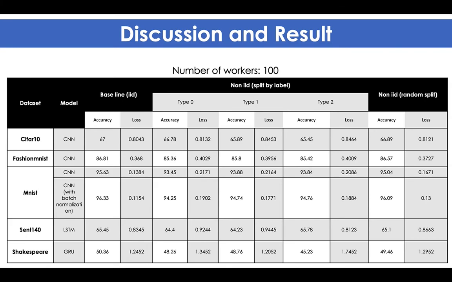We get some good results on the computer vision datasets like MNIST and Fashion MNIST, but on the next character prediction Shakespeare dataset we had the lowest accuracy results, because this dataset contains a lot of labels, and when we distribute the data between the workers, we get this result. Next we will see the result after we add a global dataset on this specific dataset.